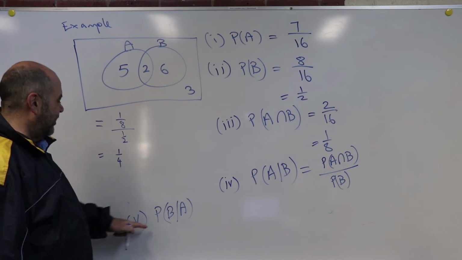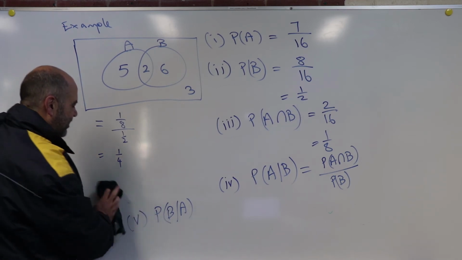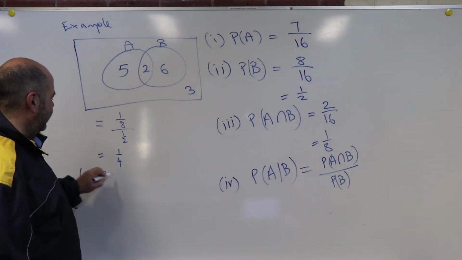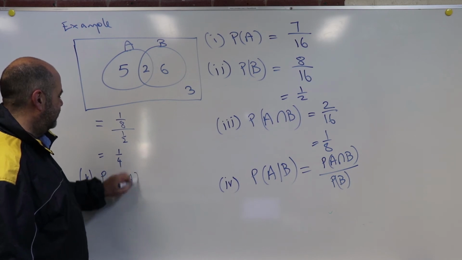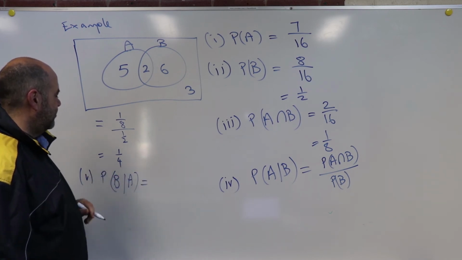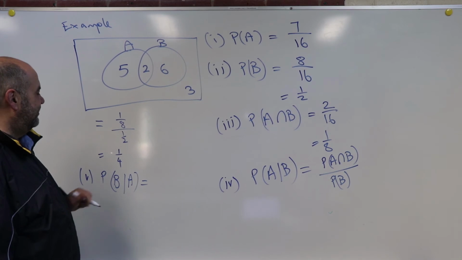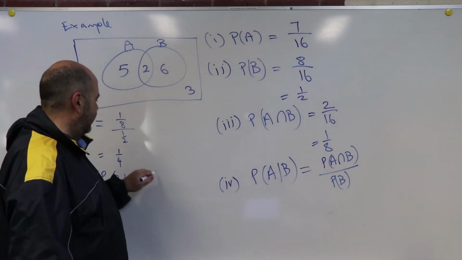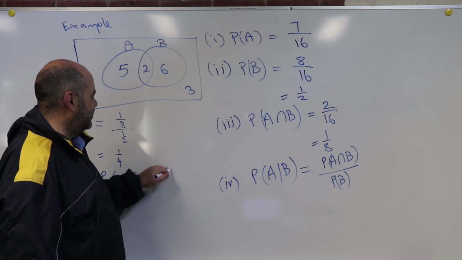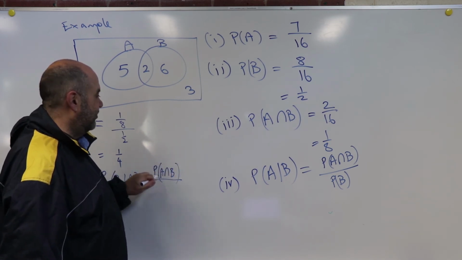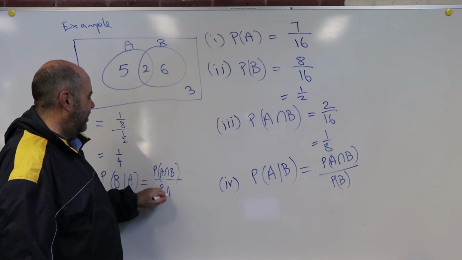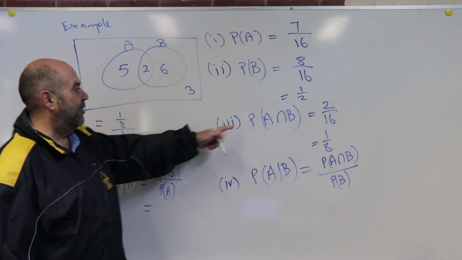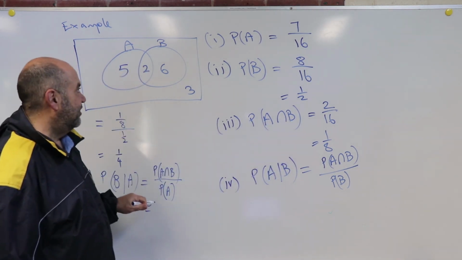Okay, the probability of B given A. So part 5, the probability of B given A, we're going to use our same formula: the probability of A intersection B divided by the probability of A. Well, A intersection B, remember, was 1 over 8.